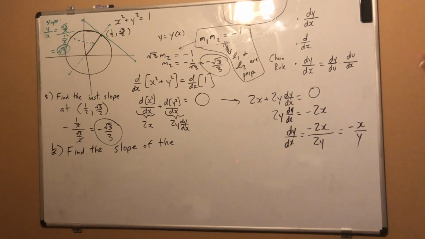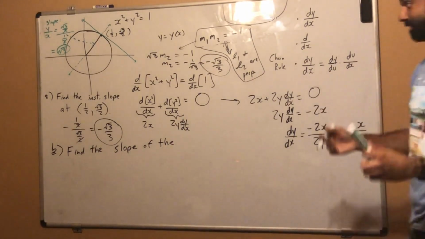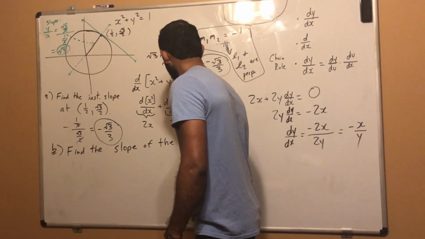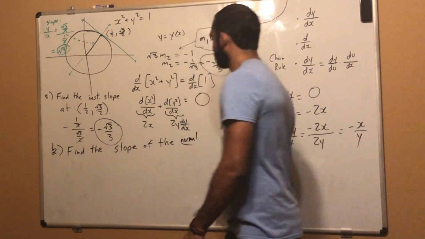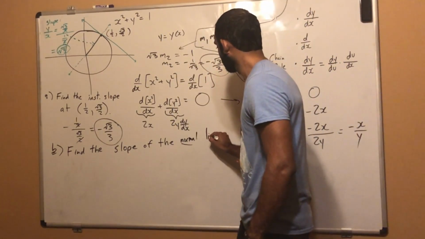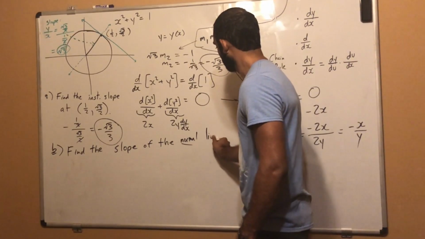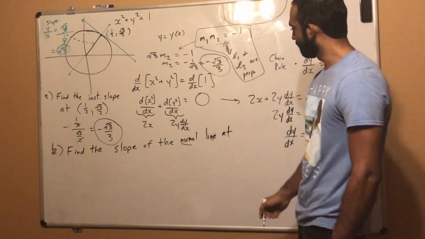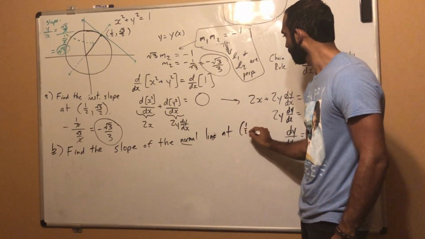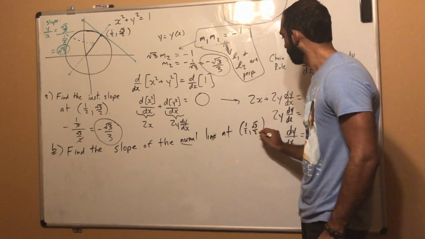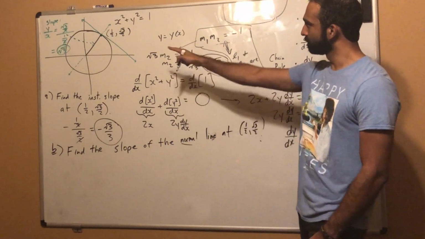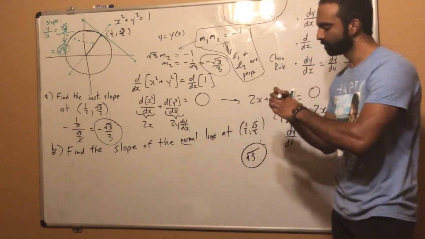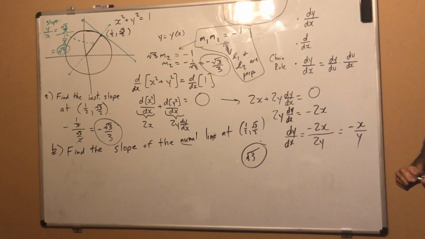Yeah, like something resting on an incline. The surface exerts what's called a normal force, a force perpendicular to the surface. So find the slope of the normal line just means find the slope of the perpendicular line, the normal line at that point. And we just found out that was root 3. Does that make sense?